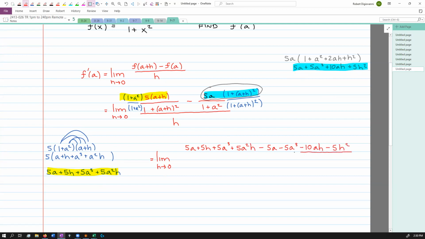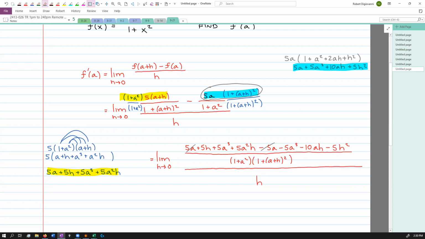Okay, all of that divided by the common denominator, which are these two things multiplied together. So 1 plus a squared times, in parentheses, 1 plus a plus h squared, all of that, everything divided by h. All right, I'm hoping for the best here.